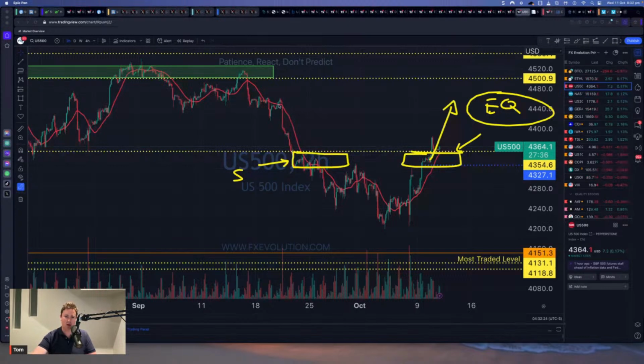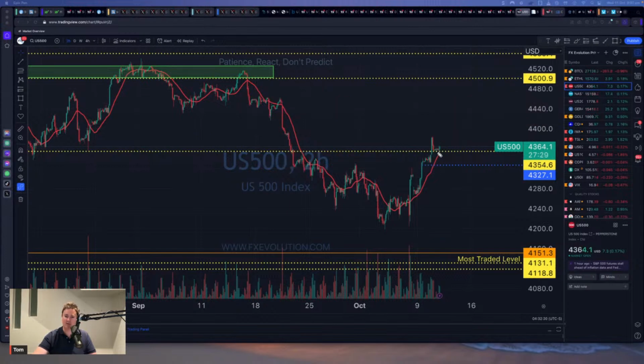Now, what do we know? Well, we know the last level at the moment was 44.40. Now, does that mean it needs to go all the way up there first? Not necessarily. Of course, it could drop back first. Now, if it drops back first, what are you going to be doing? Looking at the previous levels of demand. And you can structure in on the smaller time frames and say, well, if I saw a reaction off here, obviously just example areas that you could be looking at, what would I then look to do?